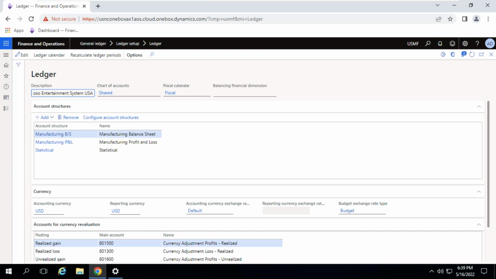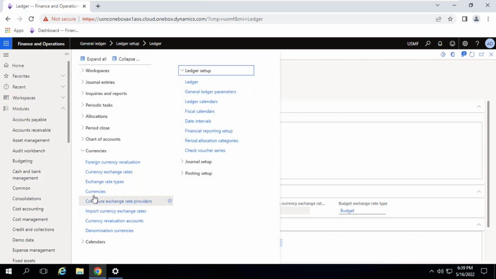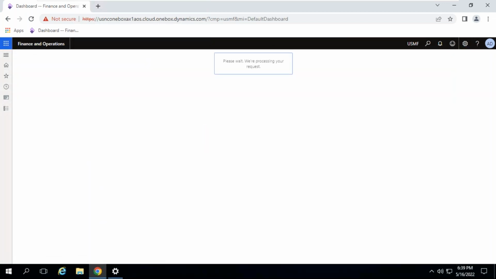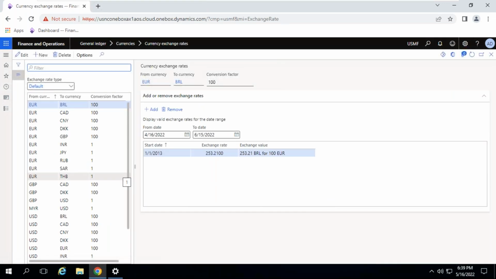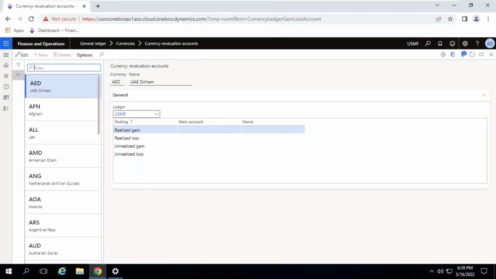If you want different exchange rate accounts for different main accounts for different currencies, then you need to use this one, currency revaluation. So is your doubt clear, am I right?